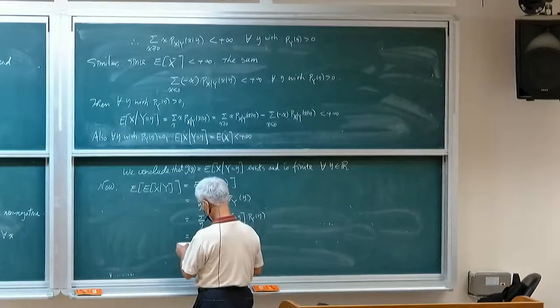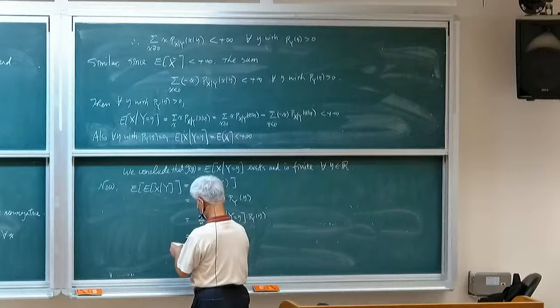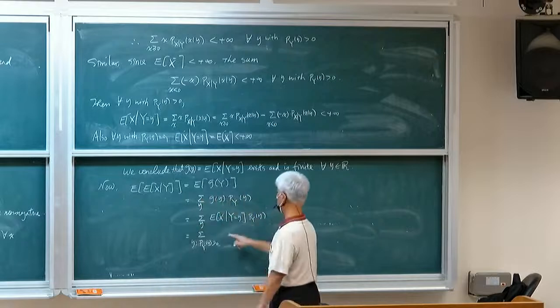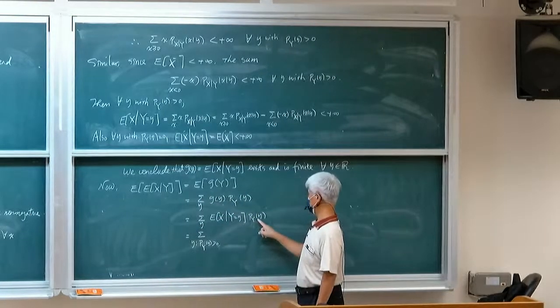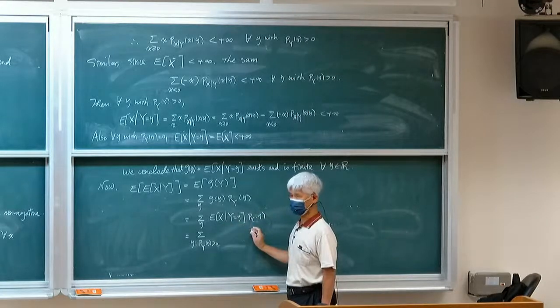And so we will sum over y such that the marginal PMF is positive, because when P_Y, the marginal PMF at little y, is 0, then there is no contribution at all, right?